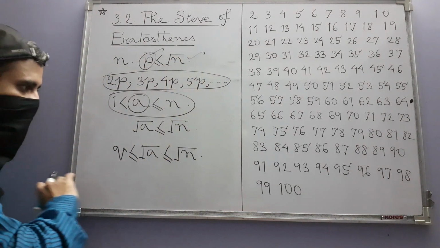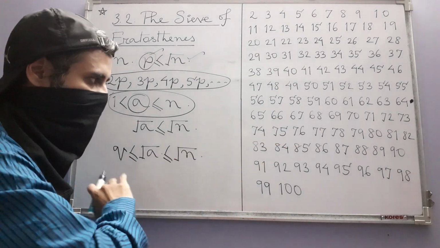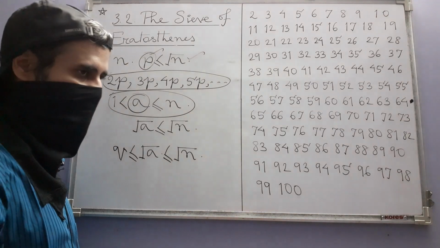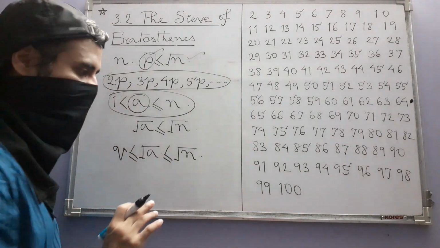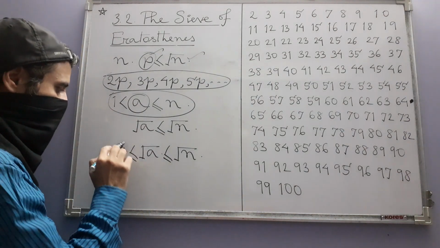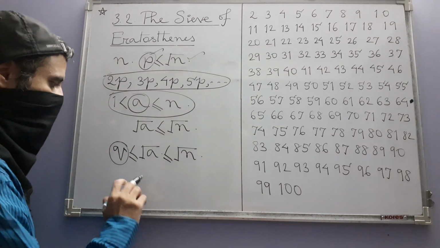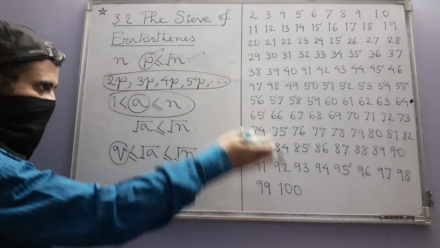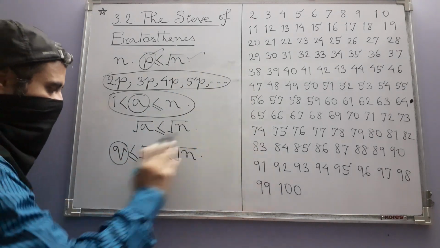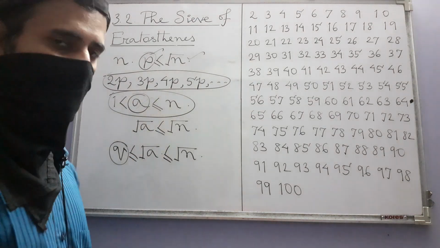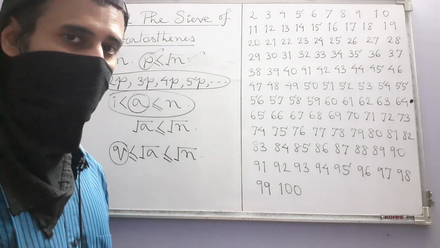So in our process of removing higher multiples of the primes that do not exceed the square root of n, except the primes themselves, at some point the multiples of q will also appear. So we will see the process actually working here, that a will also be striked out. Why?